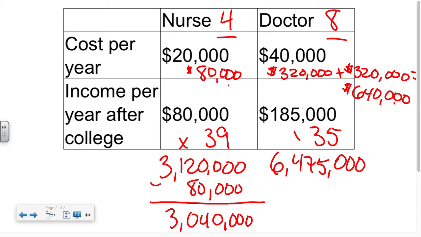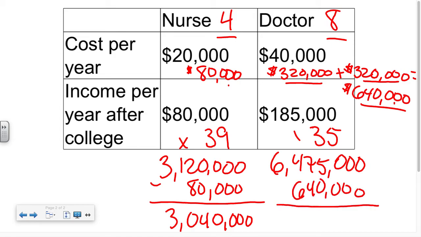Now, we know that it's more expensive for me to become a doctor. I have to pay more in tuition, and I'm not making $320,000 as a nurse for 4 years, so my total cost is $640,000. So I have to subtract $640,000 from what I would make as a doctor, because I've lost the opportunity to make a substantial amount of money in the meantime.